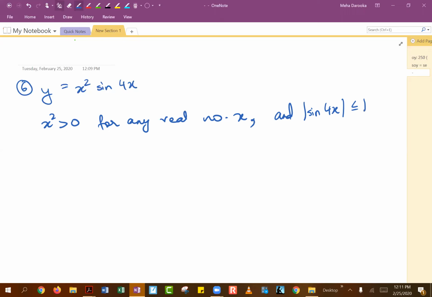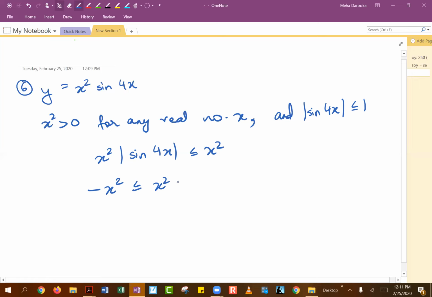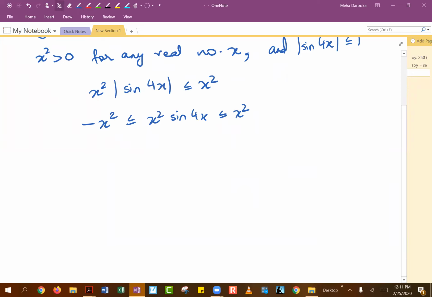So using that and the absolute value property, we can make the argument that this will also stay between -x squared and +x squared. So basically, this is going to be sandwiched between our x squared and -x squared curves. Now, I wanted to show you that calculation of how you figure out where your sine values are going to be 1 and where they're going to be 0.